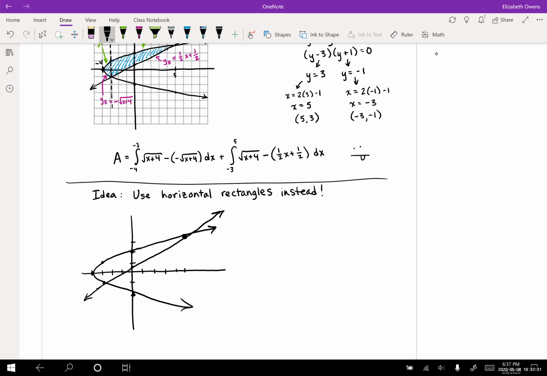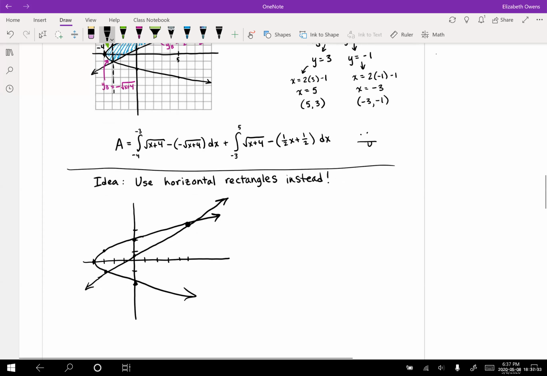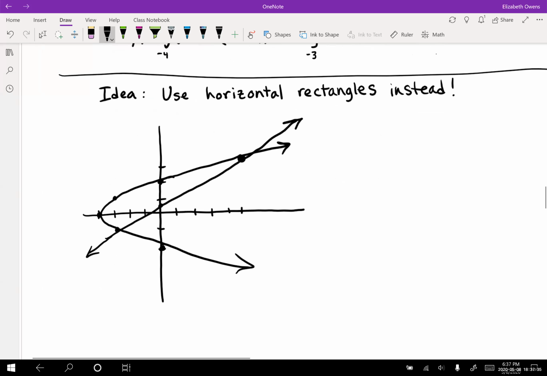So using horizontal rectangles instead means that in order to set up our Riemann sum, we are going to sketch our little rectangle, which is going to be very, very thin, by the way, because we're going to ultimately take an infinite number of these little rectangles.